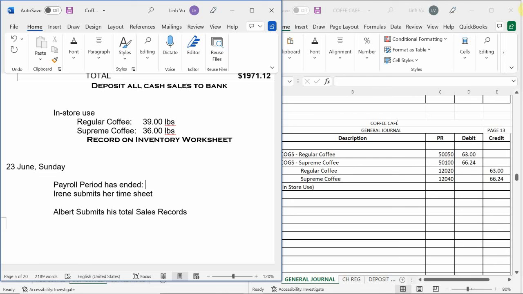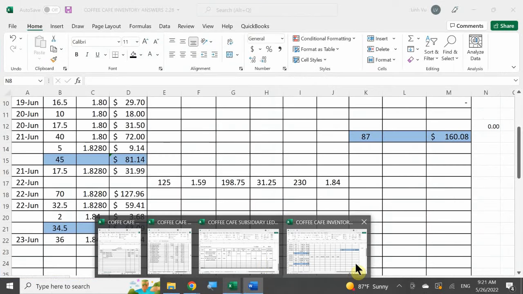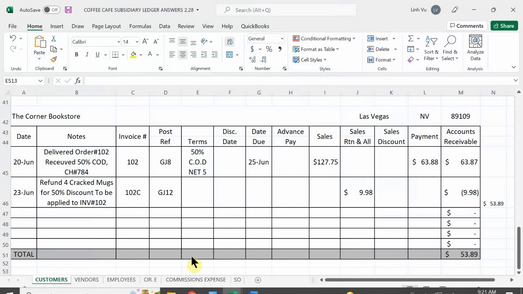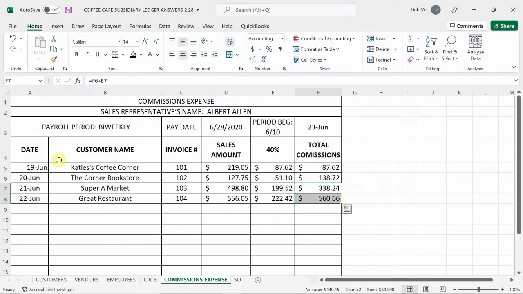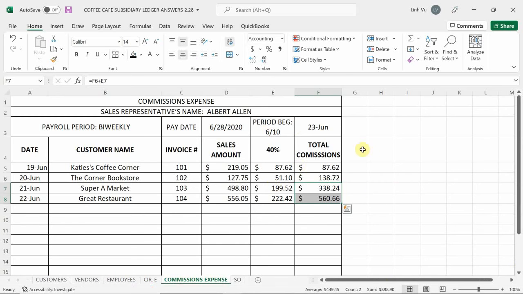So in this case, what I'm going to do here is I'm actually going to mark it on Albert's commissions, so we know this is how much we're going to be making a payment for. He's only sold to 4 people, and he racked up a total of $560.66.